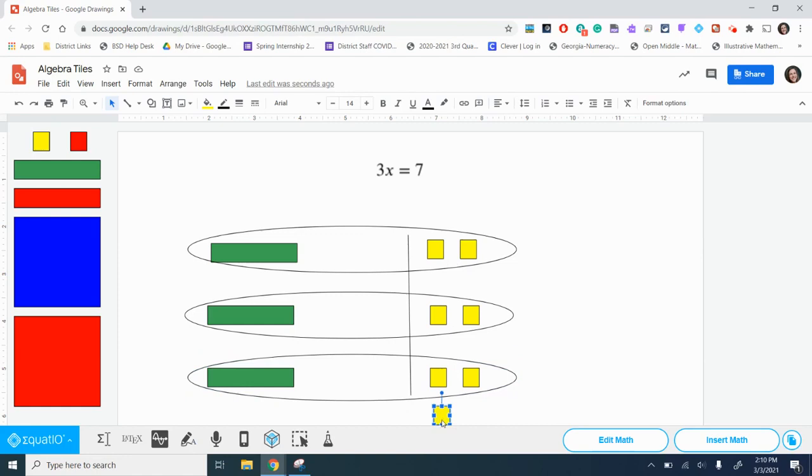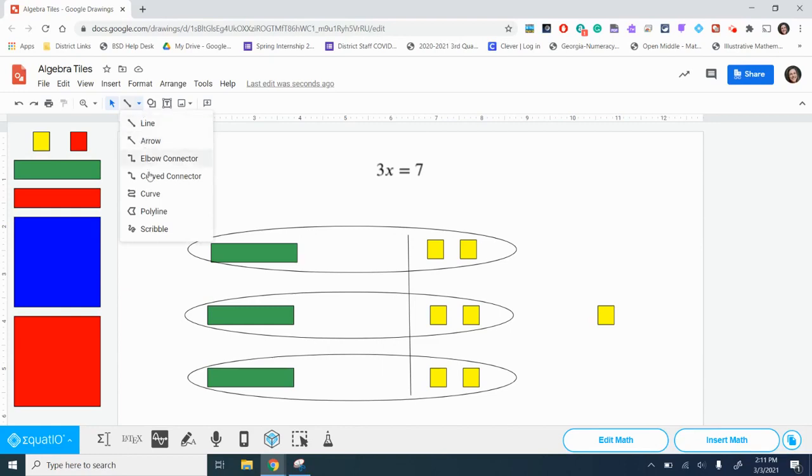And what about this one here? What will we have to do? How are we going to take this one and get equal parts into the 3 groups? Well, if you said we would have to divide this into 3, you're correct. If you said that we're going to have to cut this whole into 3 equal parts, you're correct.